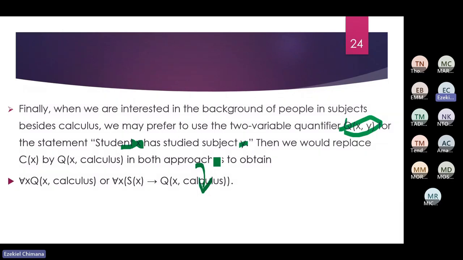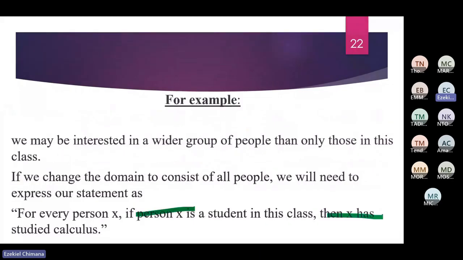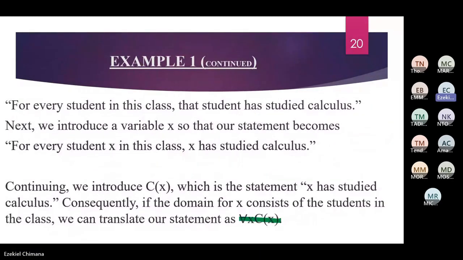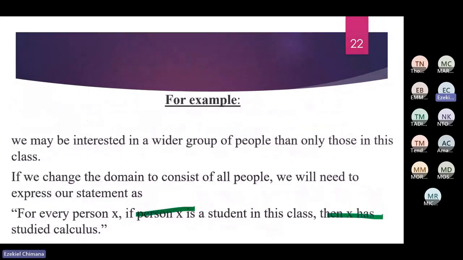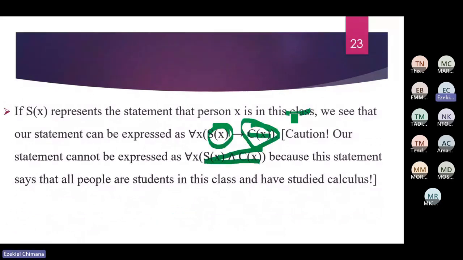This is the scenario where you have a predicate with two variables, X and Y. So for the student X, who studied the subject called calculus. For the statement we had initially, for every student in the class, that student studied calculus, you were referring to every person in the universe, no longer just that class.